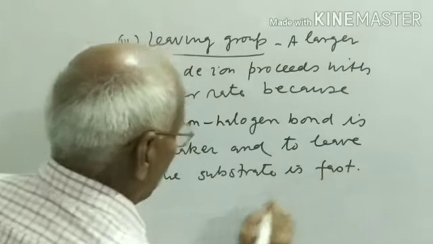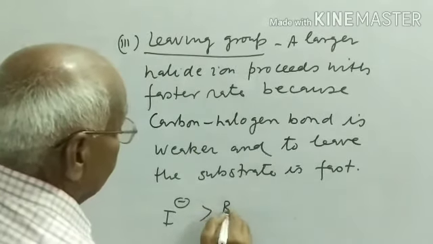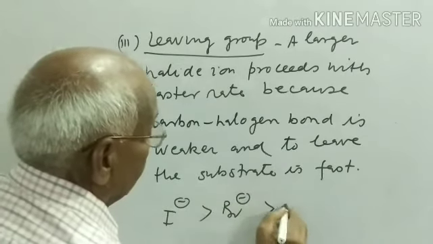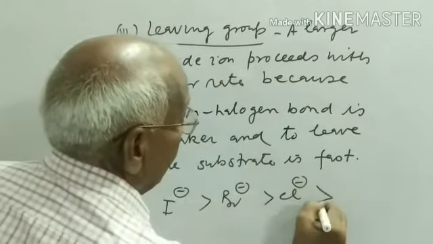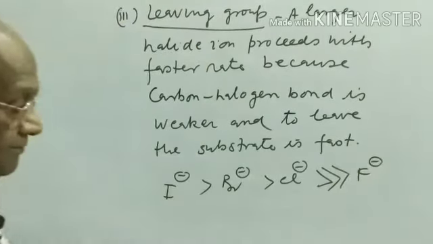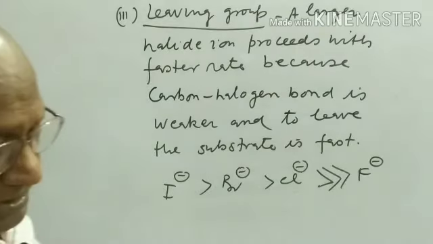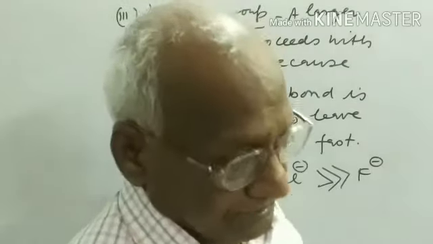The order is iodide, which is detached most easily, then bromide ion, then chloride ion, and lastly fluoride ion, which is very poor. So, this is the reaction part of the SN2 reaction.